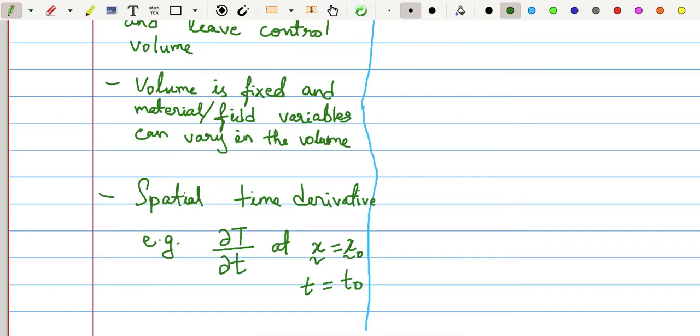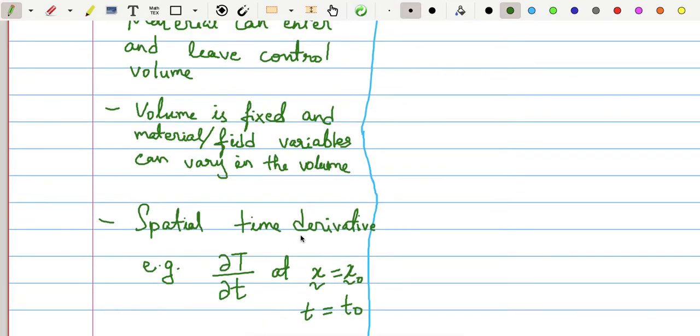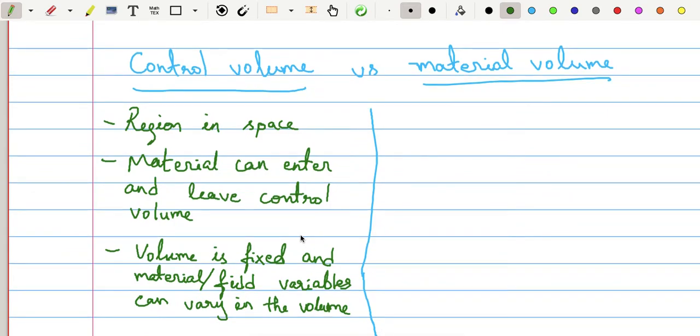Okay. Now, what you need to understand here is whenever we are looking at a certain parameter, we can either be interested in tracking the material for a particular point and then looking at its property, or looking at a certain point in space. Let me take a specific example and help you understand these two concepts.